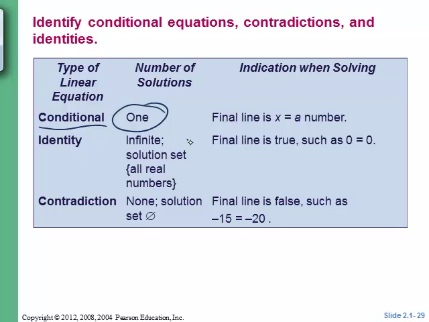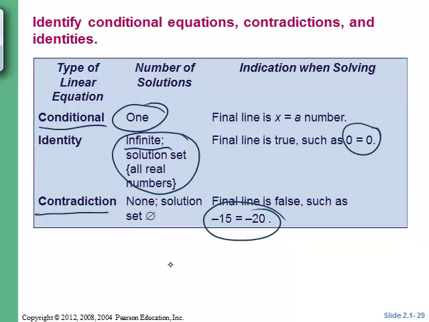If we end up with some kind of an identity, such as 0 equals 0, we have an infinite number of solutions. And if we come up with something like negative 15 equals negative 20, or a contradiction, then we have a null set solution.